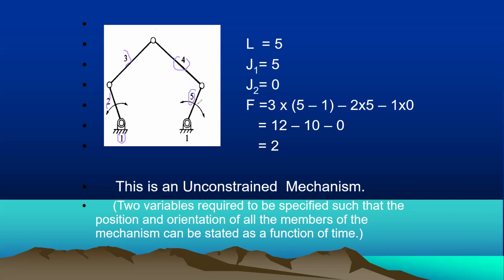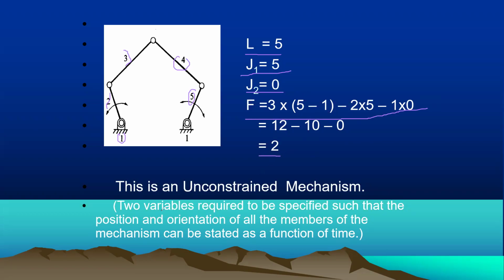So that means that our L is 5. How about our nodes? Our nodes will also be 1, 2, 3, 4, 5. J1 will be 5. How about J2? J2 is 0, right? So that means that our F is given by substituting our formulas into this, and then we shall get 2 degrees of freedom.